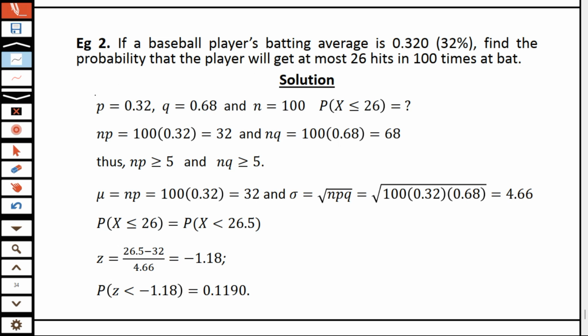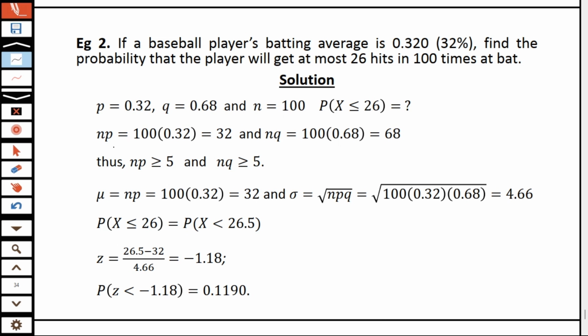So we have this question. Our p is given as 0.32, our q is given as 0.68, and our n is given as 100 from the question, right? And we have been asked, at most means our x is less than or equal to 26, right?